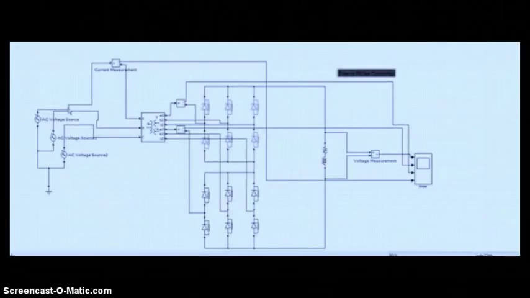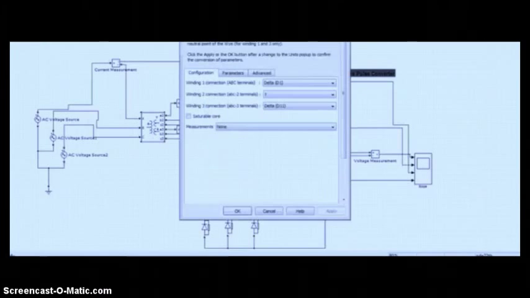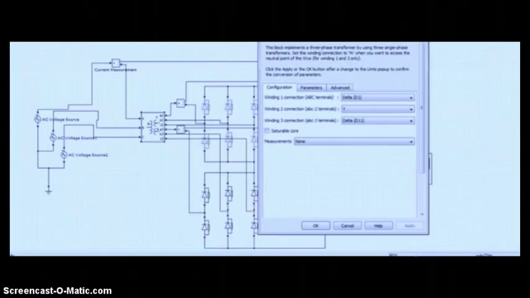The input of this phase A goes through a current measurement device to a transformer. If we double click on it, you can see here it is a 3-phase transformer with 3 windings, 2 secondary, 1 primary.